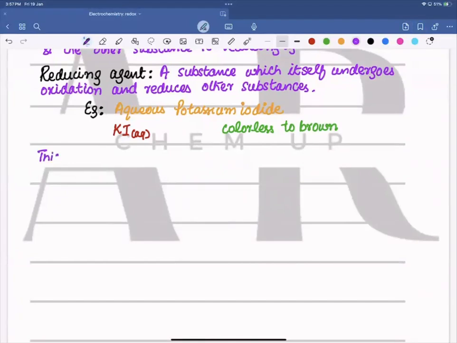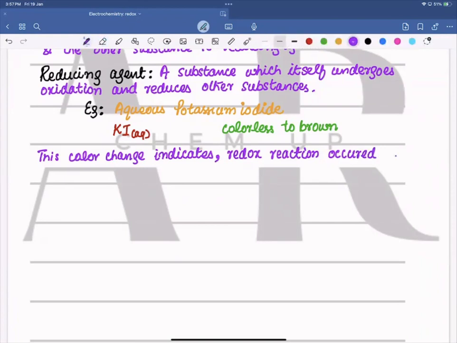So this color change indicates that a redox reaction occurred and the other substance is reduced, which means the other substance is the oxidizing agent.